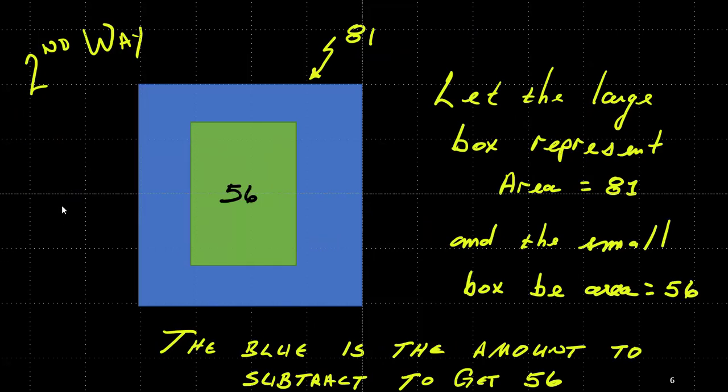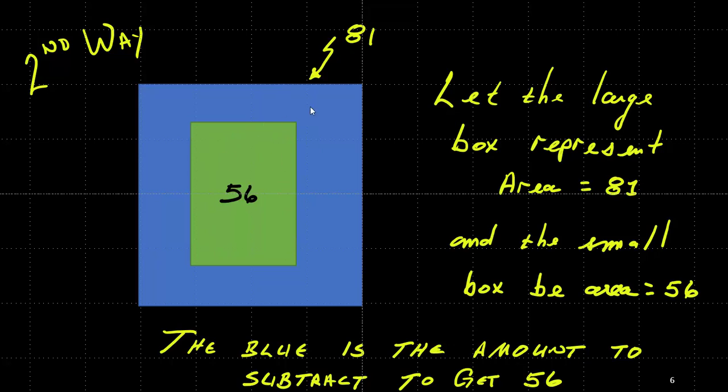The second way to look at this is to draw a large square whose area is 81. And inside that square, we have a rectangle whose area is 56.